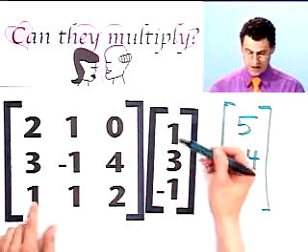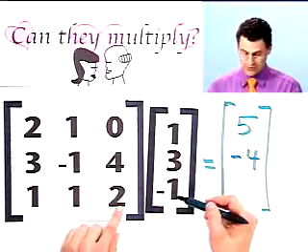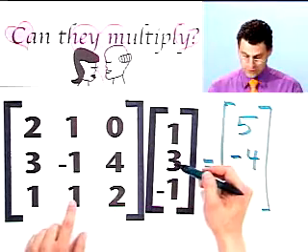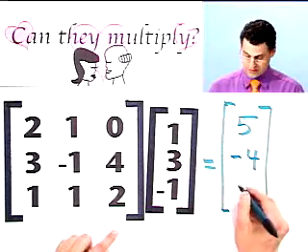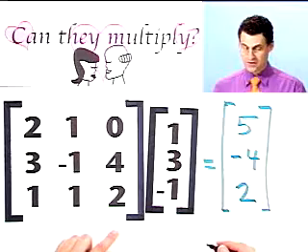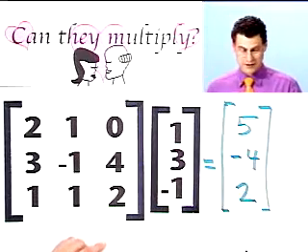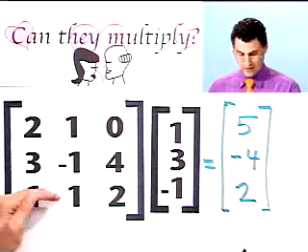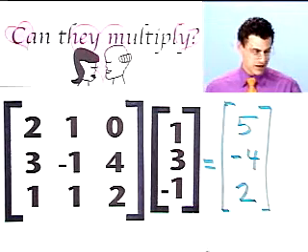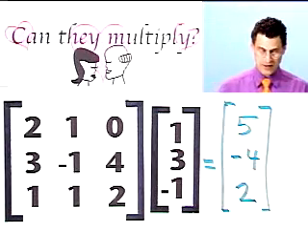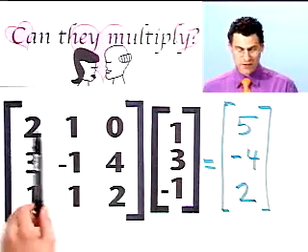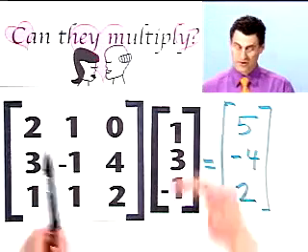So here I see a 1, a 3, and a minus 2. So that's going to be a 1 and a 4, and then a minus 2 is just a 2. So notice that my answer is a 3 by 1, just like I predicted, because I have 3 things here and 1 thing here. So remember that you can only multiply things when the number of columns on the left equals the number of rows on the right.